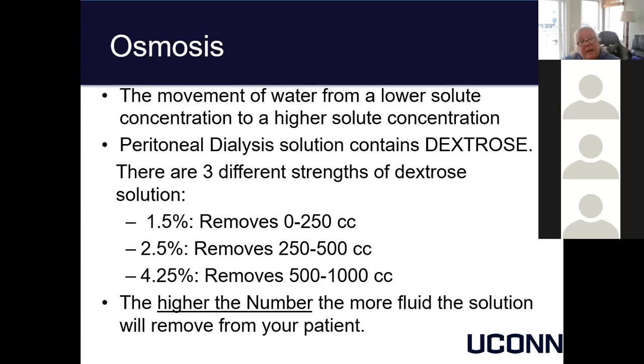But somebody who's getting 4.25% dialysate could be taking as much as 1 liter off with each exchange. So you can see why that percentage of concentration is important in terms of your patient's fluid balance.